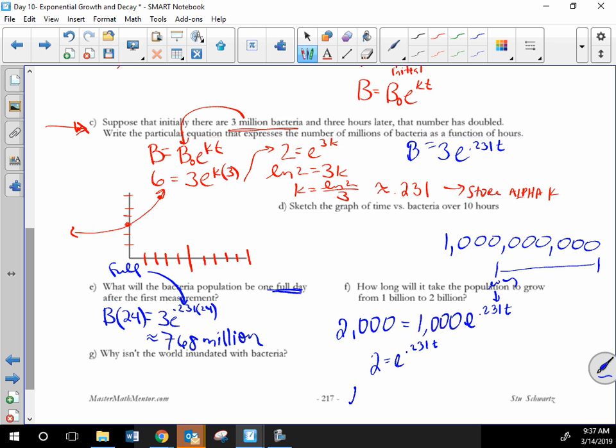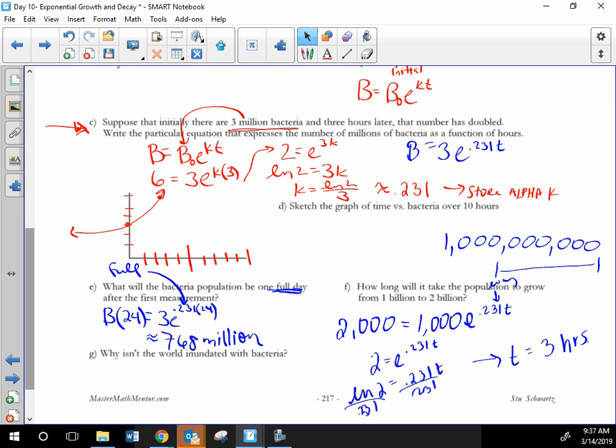We're doing natural log on both sides. Wait a second, what was the 0.231? Natural log of 2 over 3. Guys, when we solve, what do we get for t? 3. Why is it 3? 3 hours.